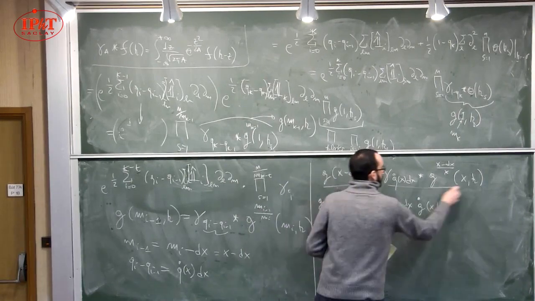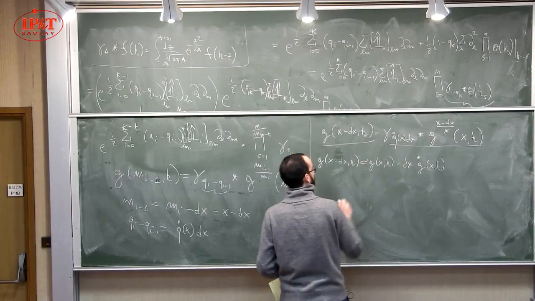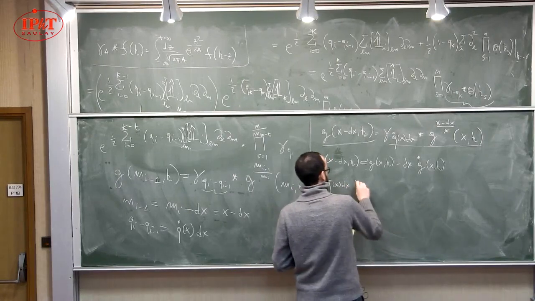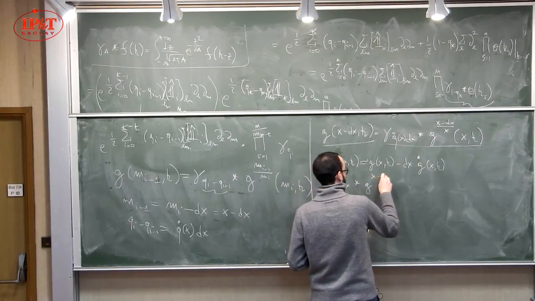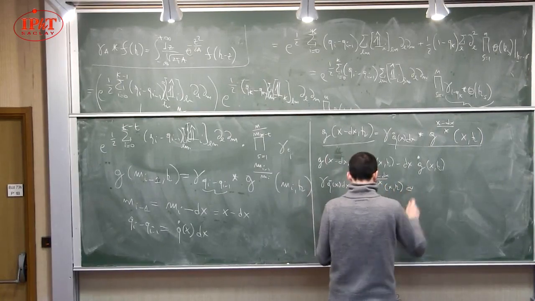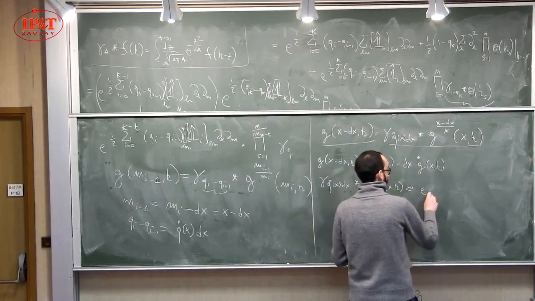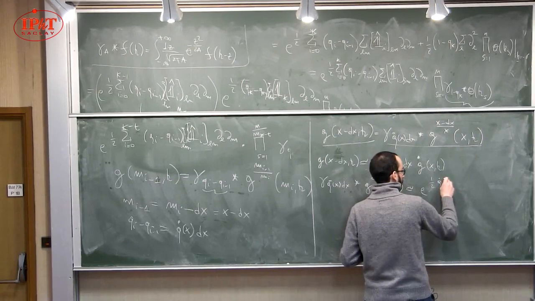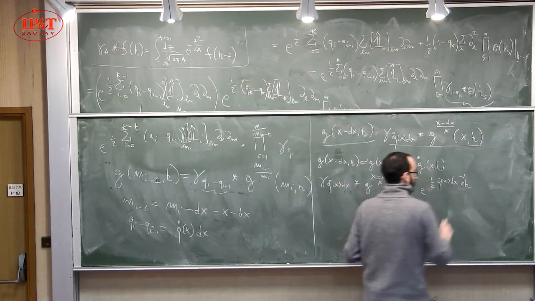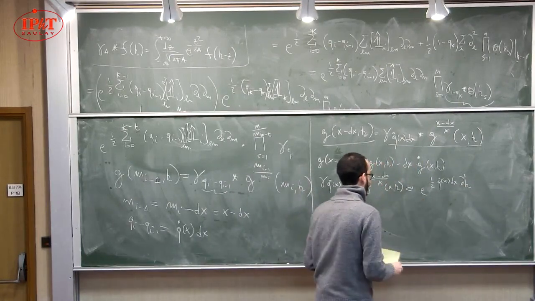And now let me consider this one. So I represent this with a differential operator again. So I just say that this Gaussian convolution is this differential operator.